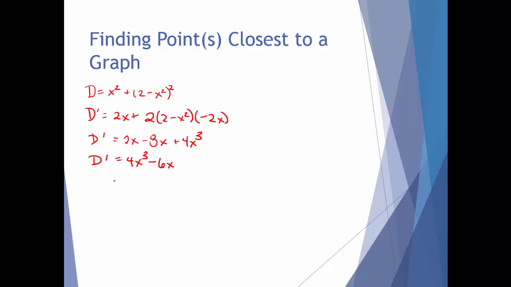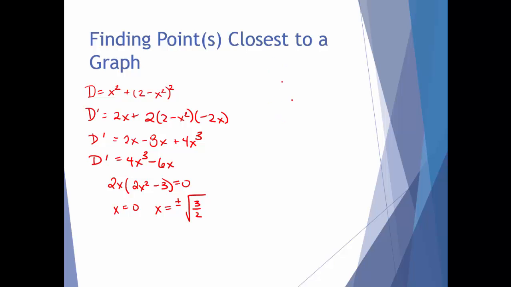So we're going to want to set this equal to 0. We factor out what's common to both terms. We take out 2x, and we're left with 2x squared minus 3 equals 0, which says our critical numbers: we get x equals 0 from the first factor, and x equals plus and minus the square root of 3 halves for our other critical numbers.